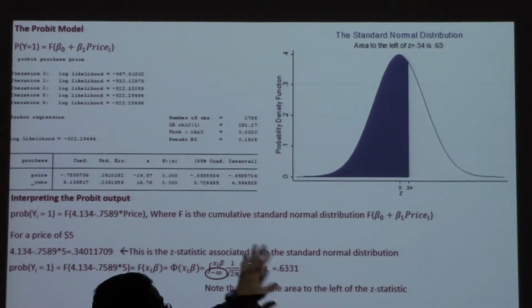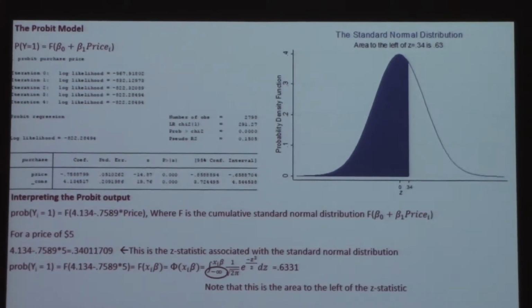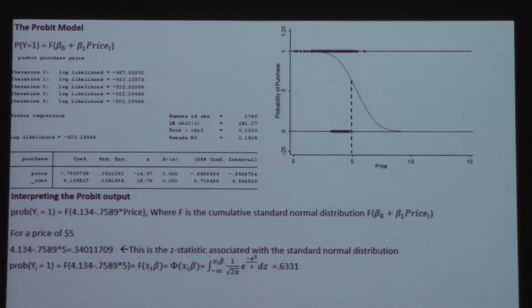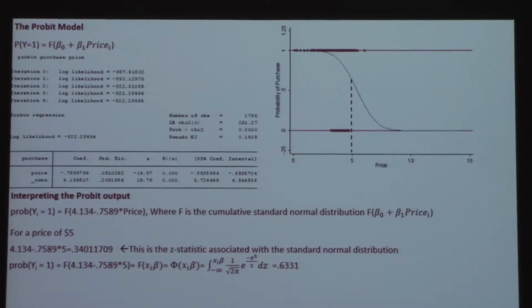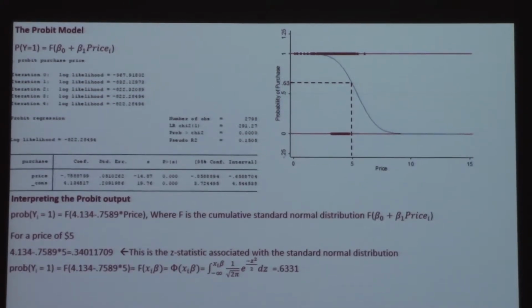So we know it's going to be above 0.5. This is why people don't use probability. They're hard to interpret. But Stata is going to make it easier. So at a price of $5, the probability of purchase is going to be 0.63. So it fits into the model.